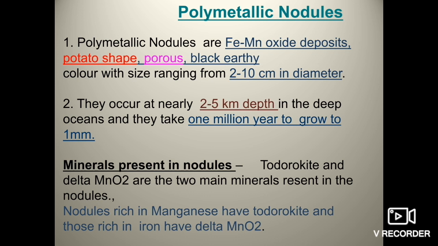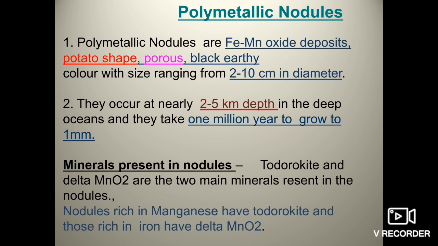You have to keep in mind the important properties: they are iron, manganese, and copper oxides, their shape is potato shaped, they are porous, black earthy color, and the size range is important, that is from 2 to 10 centimeter in diameter.